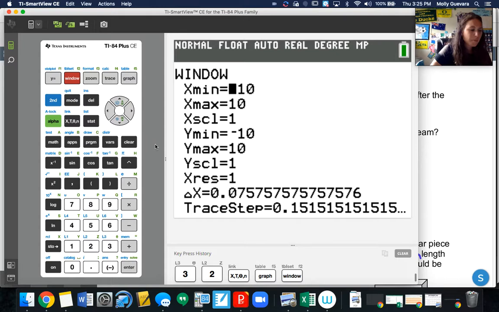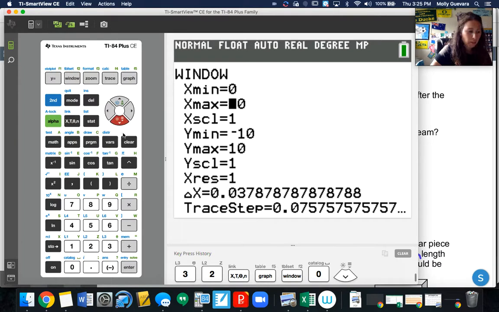So remember that x is hours. So I'm not interested in negative hours. That doesn't make any sense. So I'm going to make 0 hours my smallest. And let's just stay with 10 hours. I would assume that a prescription drug would be out of your bloodstream by 10 hours. I would hope.